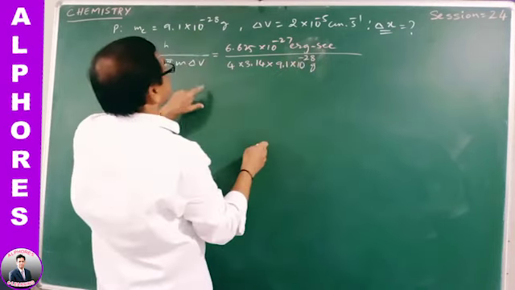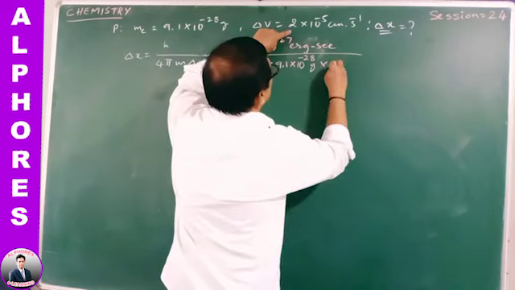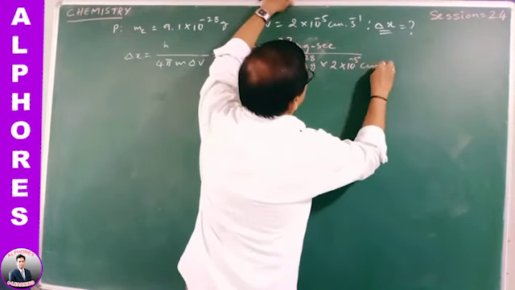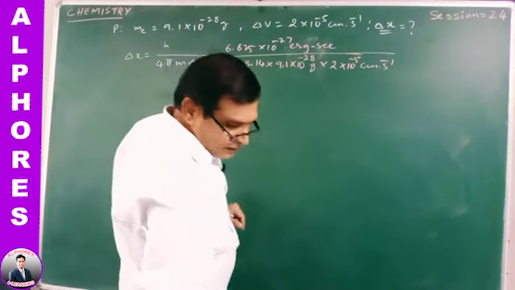It is given in CGS units, grams, into delta V, that is 2 into 10 to the power minus 5 centimeters per second. This is the data available in the problem.